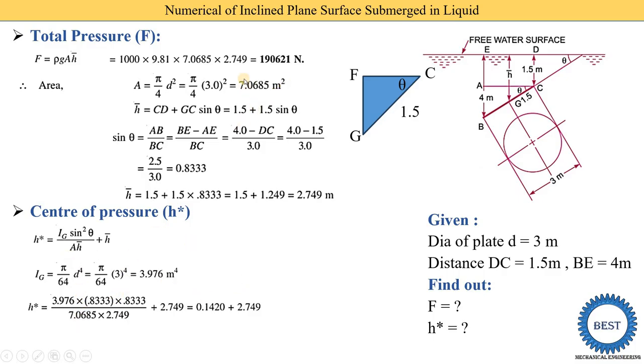Area is 7.0685 into h bar, which is 2.749, plus h bar, which is 2.749. Then we get the answer: the center of pressure h star is equal to 2.891 meter. So here we found the total pressure F and the center of pressure h star.